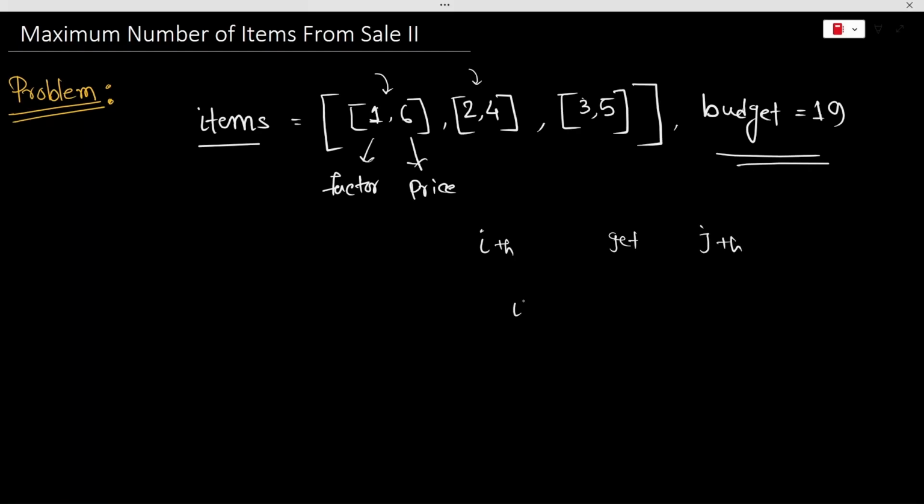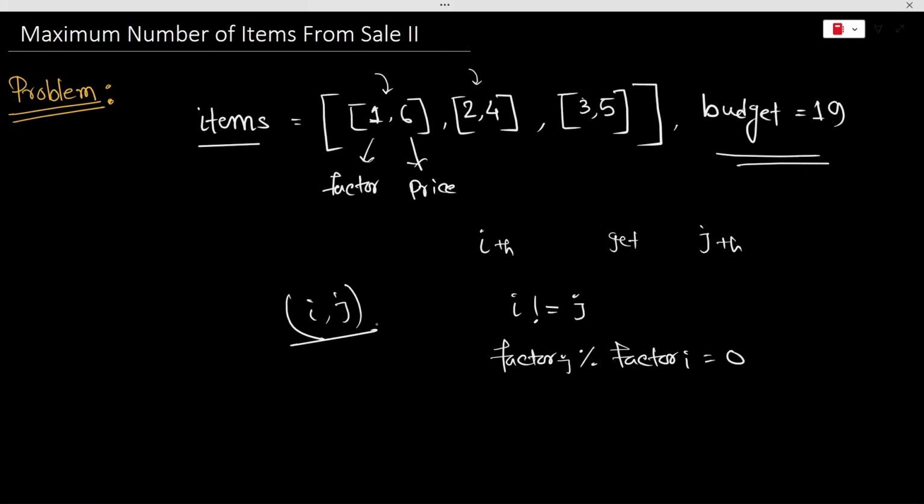The condition is that i should not be equal to j, and the factor of j should be divisible by the factor of i. And for each ordered pair i, j, we can get the jth copy for free only at most once.